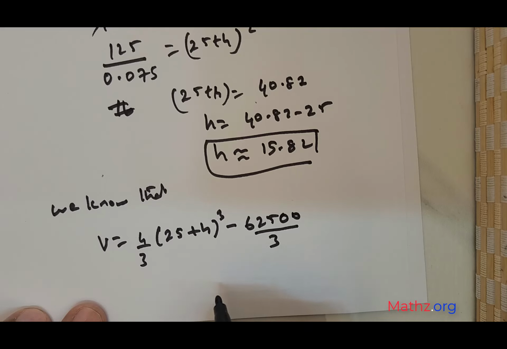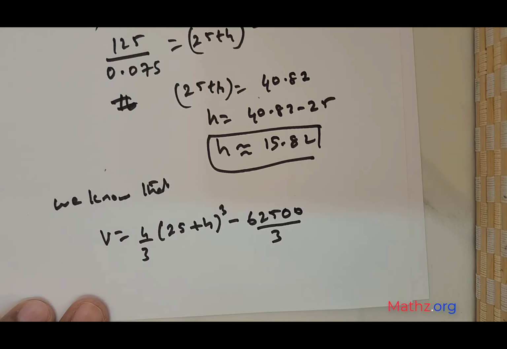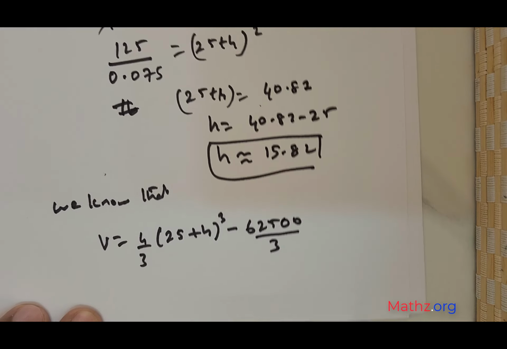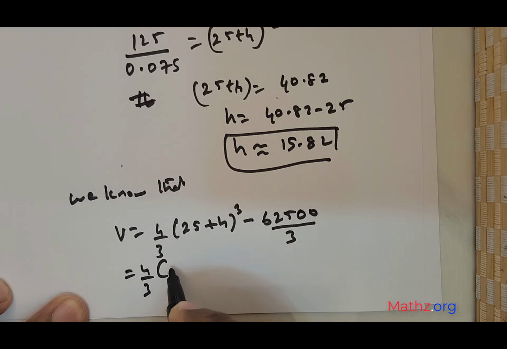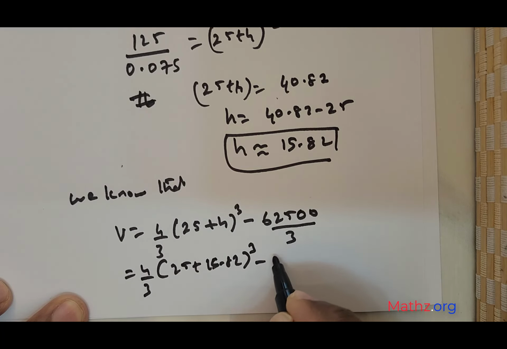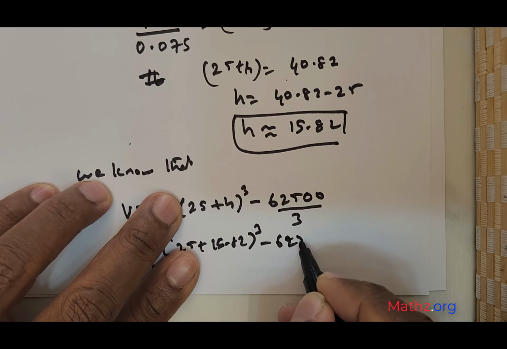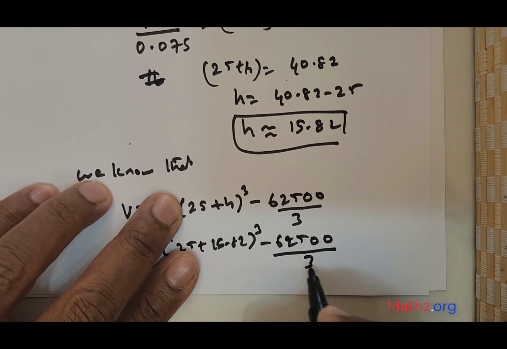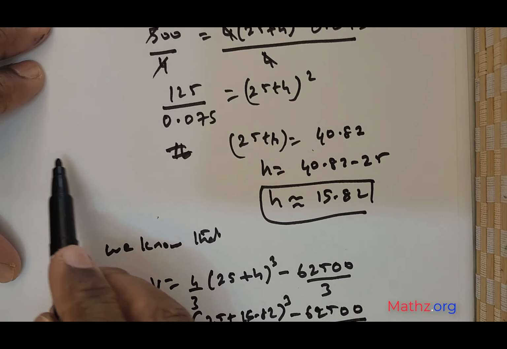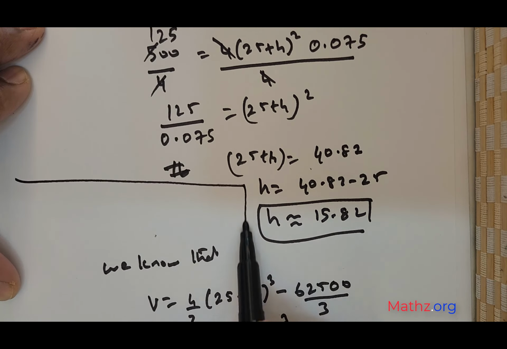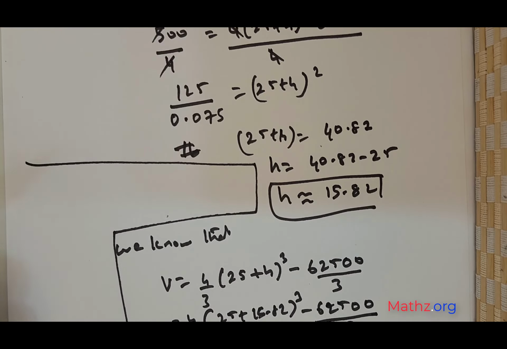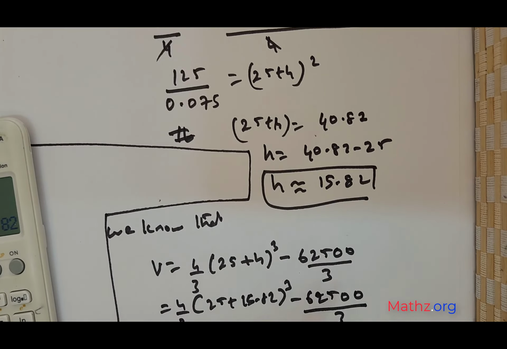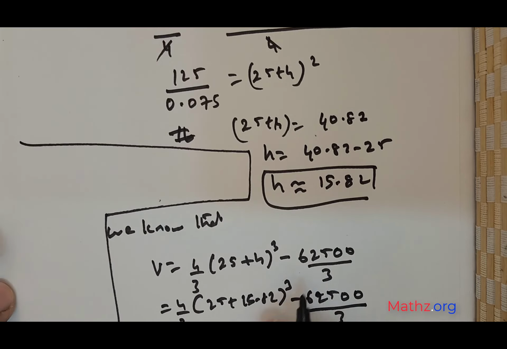So if you make the substitution, you will get the following as V. So 4 over 3 times (25 + 15.82) raised to the power of 3 minus 62500 divided by 3. Right? So let me utilize this part to make the calculation. So 25 plus 15.82 is going to be 40.82, right?